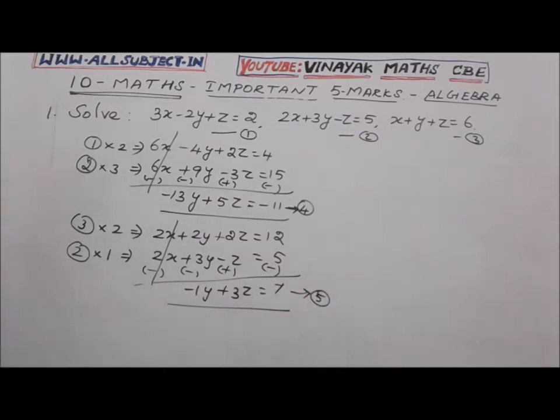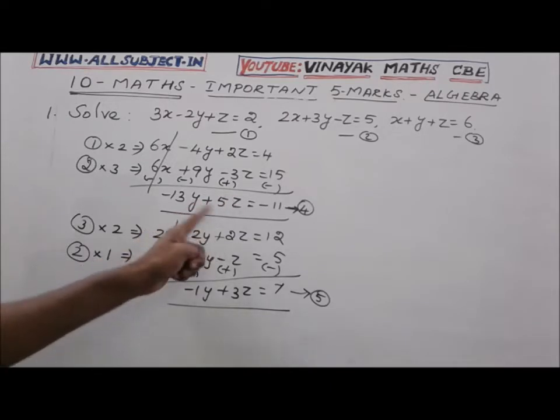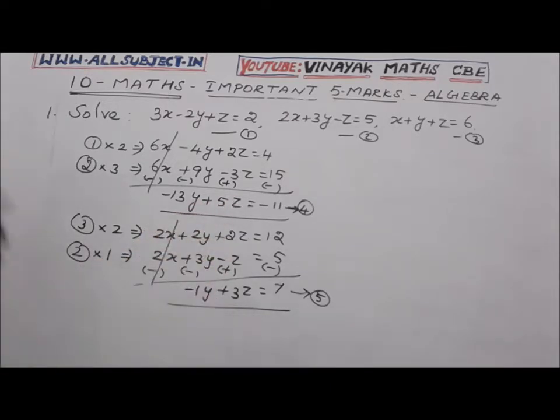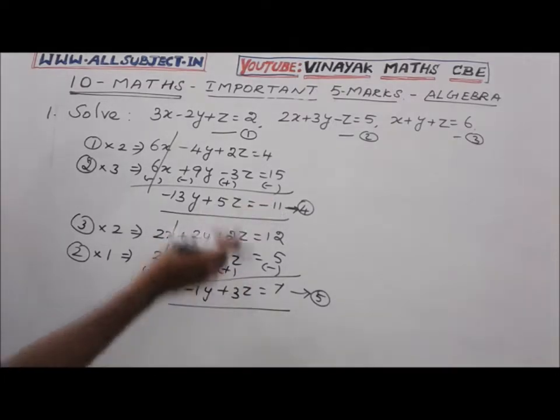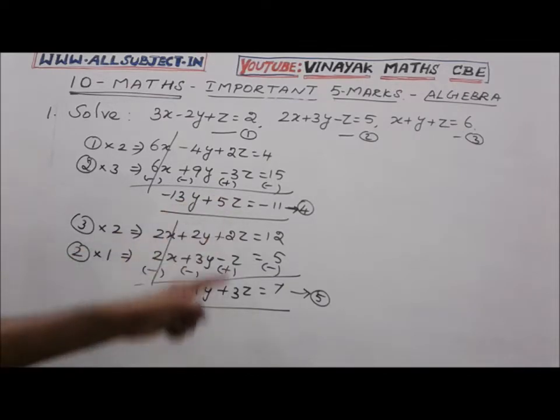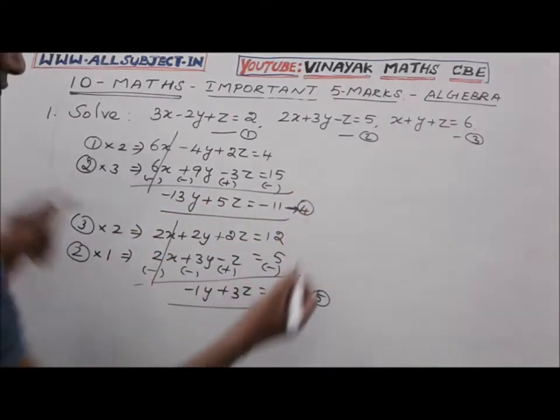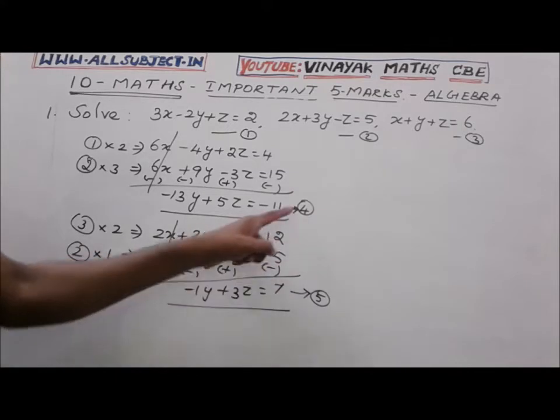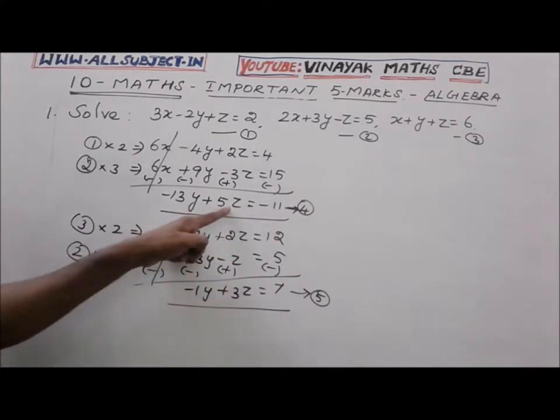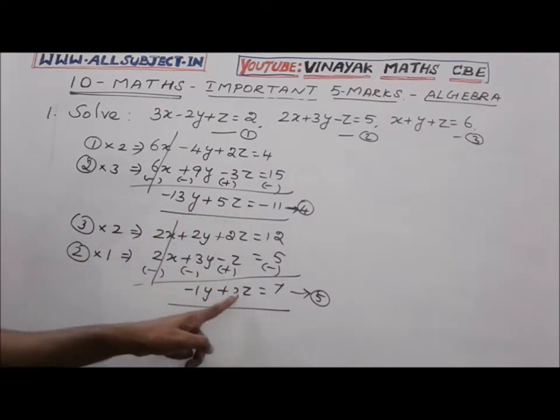Now look at here, we have two equations, 4 and 5. In these only two variables, y and z, appear. Multiplying the fifth equation by 5 and the fourth equation by 3, we can eliminate z.